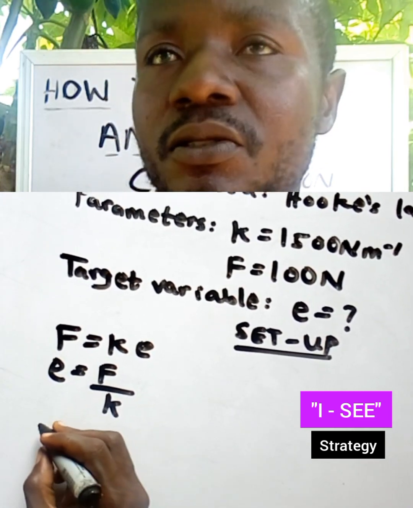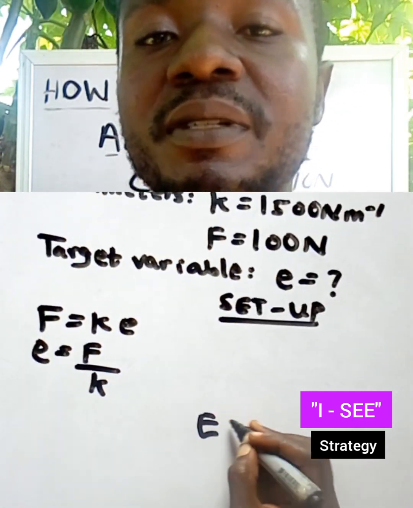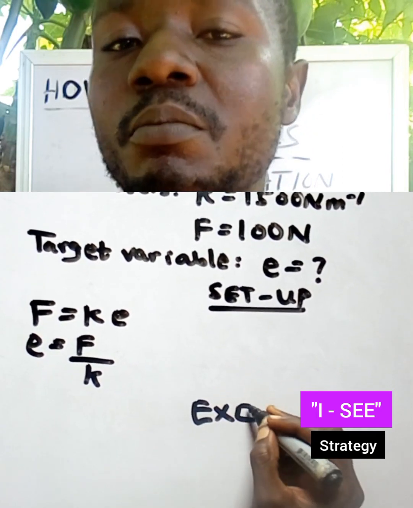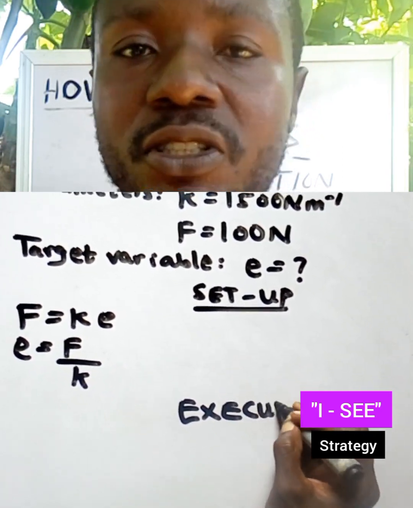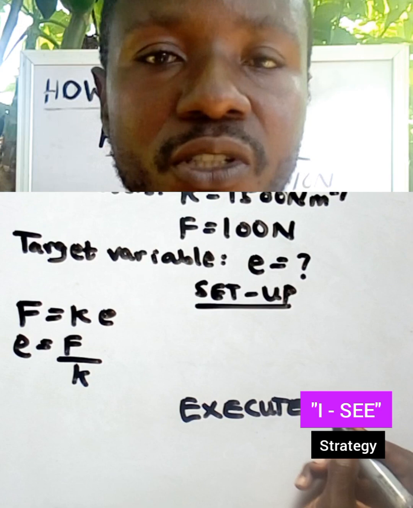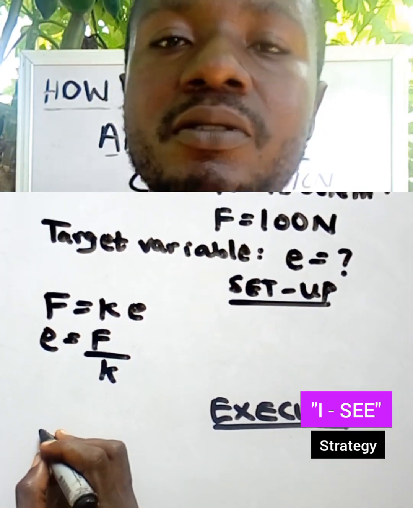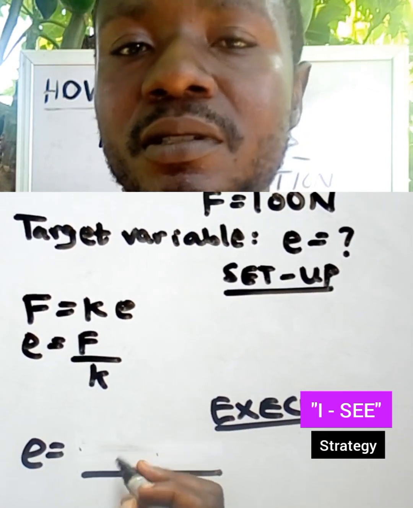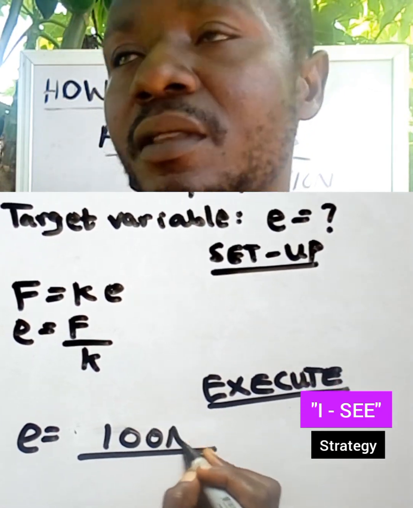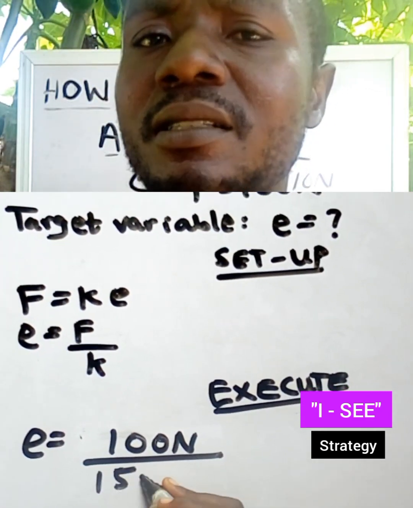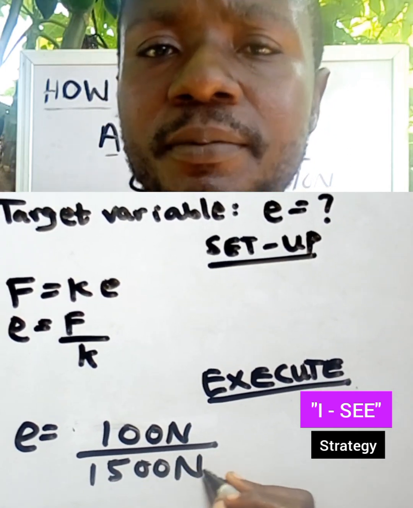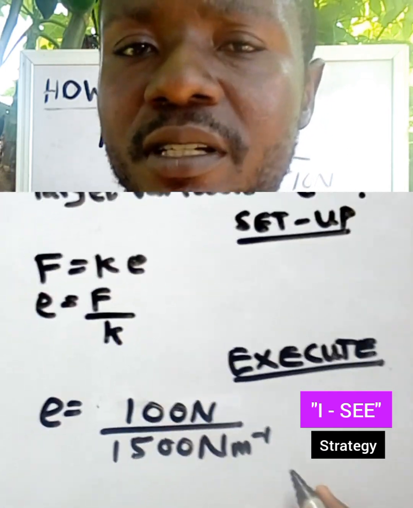The next is the execute. Under the execute step, we carry out the calculations, the substitution of our parameters, and the mathematical calculations of the solving. We substitute for our parameters: F is 100 Newton and K is 1500 Newton per meter.